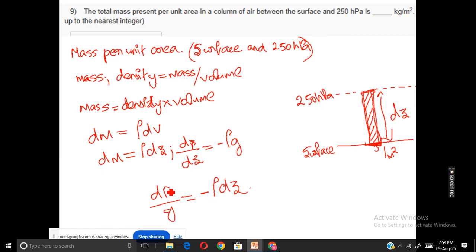We know dp; let it be Pz minus P0, the pressure at the height z minus the surface pressure.